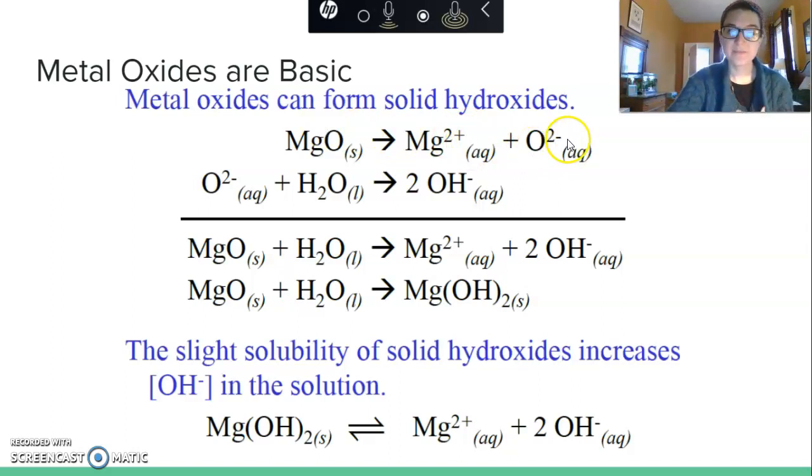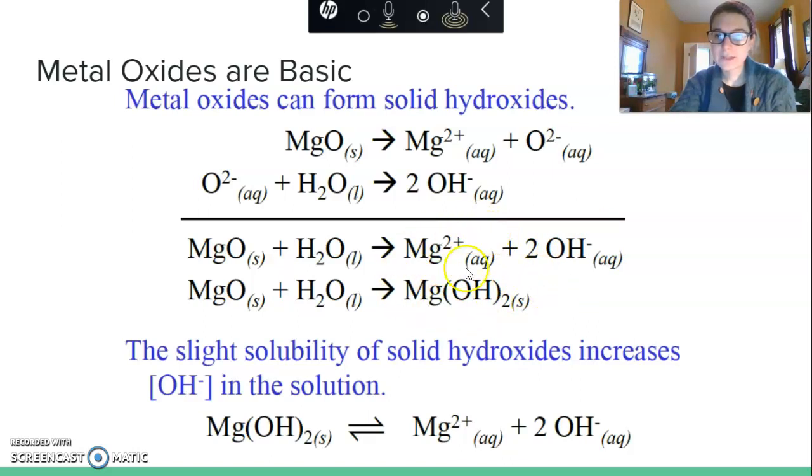The O2- can then react with water to create 2 OH- hydroxide ions. If we put these two equations together, we get magnesium oxide and water reacting to form Mg2+ and 2 OH-.